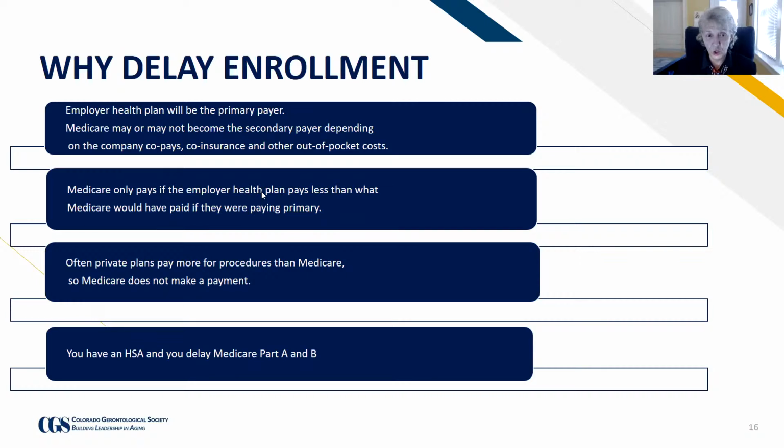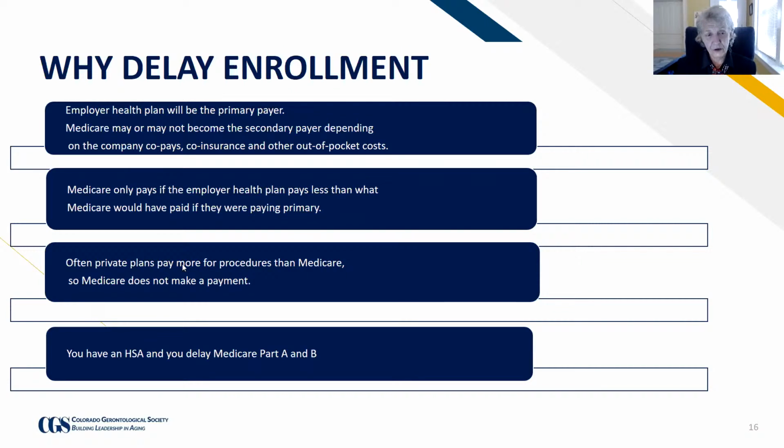Basically your employer is going to, or the doctor is going to have to accept what the employer plan pays, which is the $120, and Medicare will not incur any expenses.